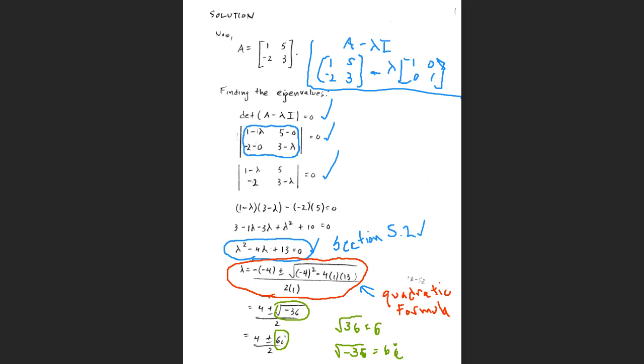All right, so here's lambda. Now we're going to simplify this. We should get two values. One would be 4 plus 6i divided by 2, and the other would be 4 minus 6i divided by 2.